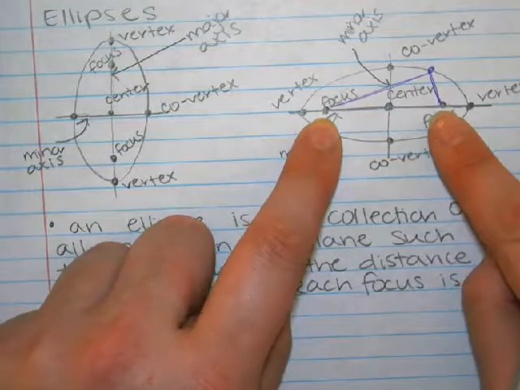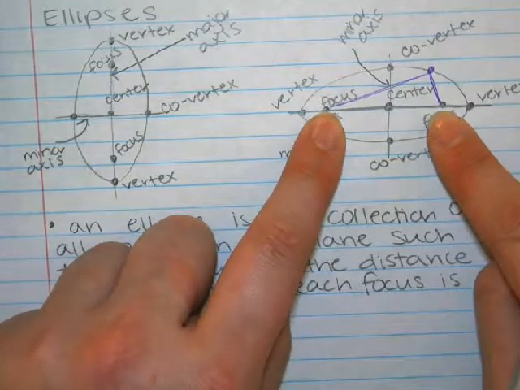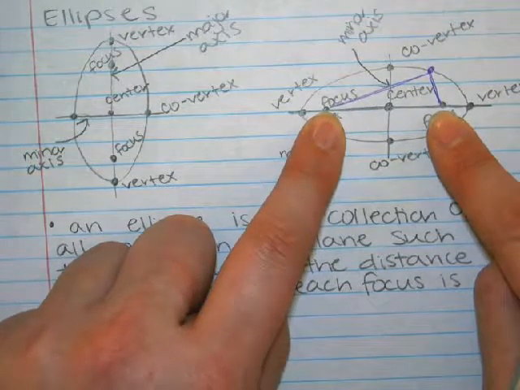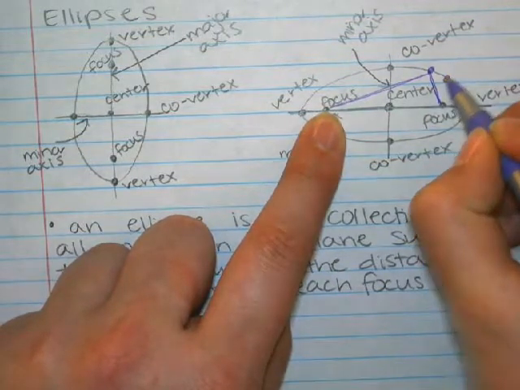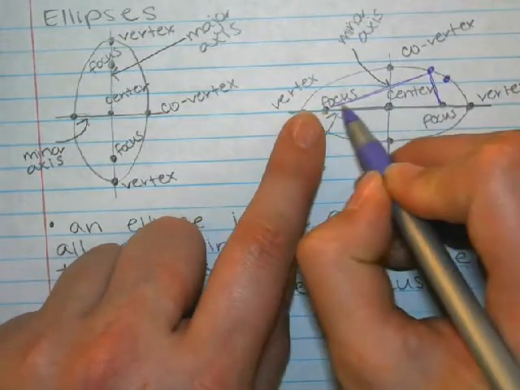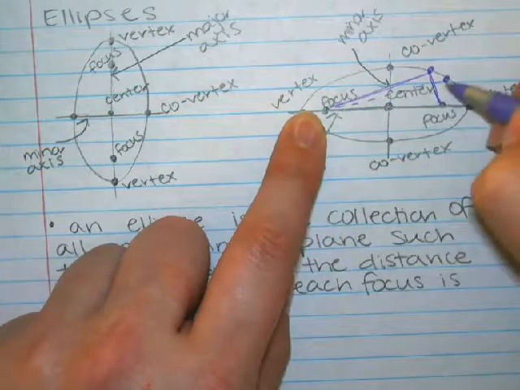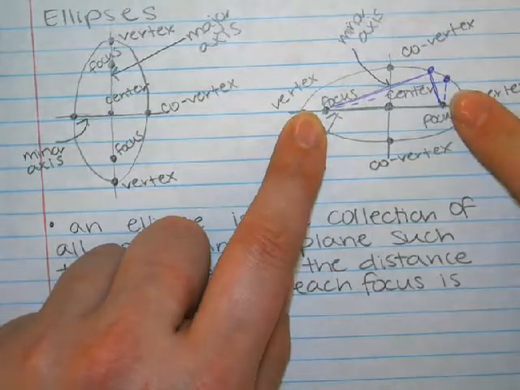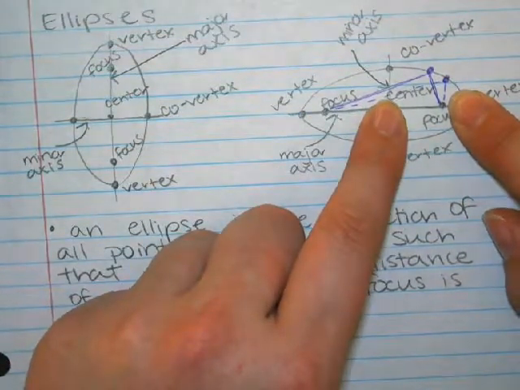They're saying if you take each of those distances and add them together, you'll get a number. So maybe that number is 75. Then if you pick another point on the same ellipse and draw a line, this time I'll do it dotted, and then draw another line from the other focus, those two numbers would also add up to 75.